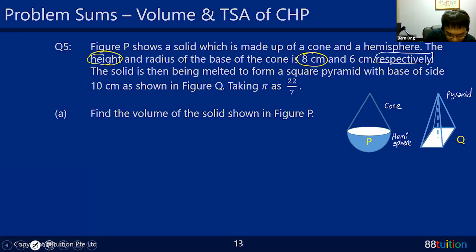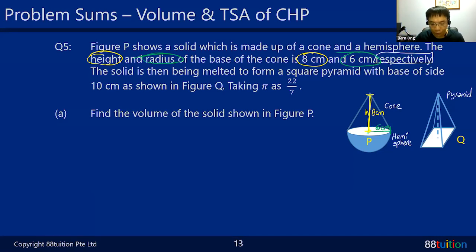The second number, 6 cm, represents the second item, the radius. So the radius here is 6 cm, and the actual height here is 8 cm. The height is from the vertex down to the center of the circle.